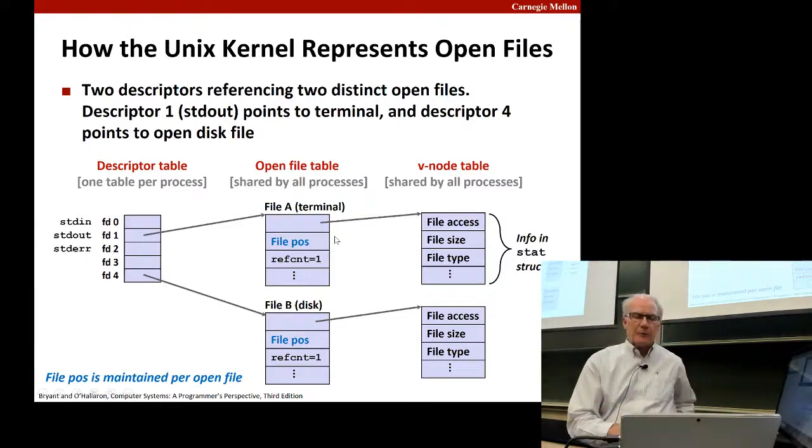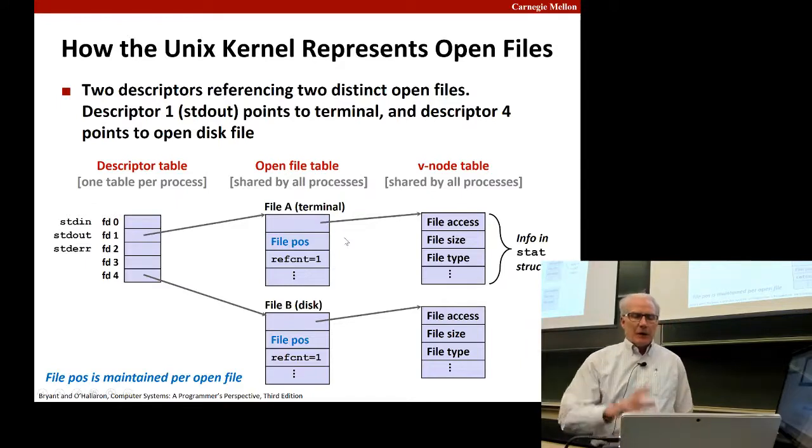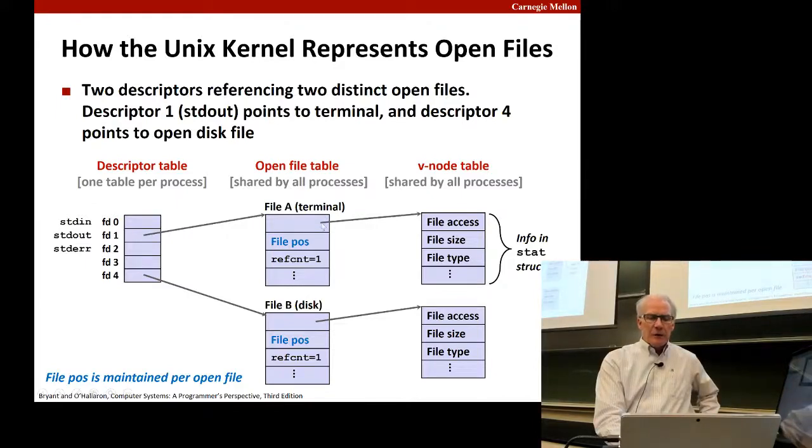We'll see examples where you can have two entries for the same file open. What's important about that data is, first, of course, it has to point to the vnode information, the long-lived information about this file.